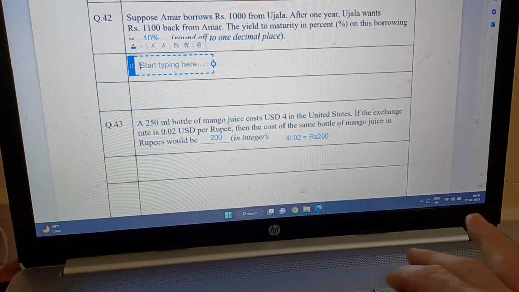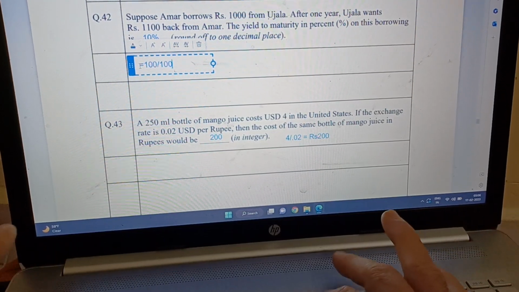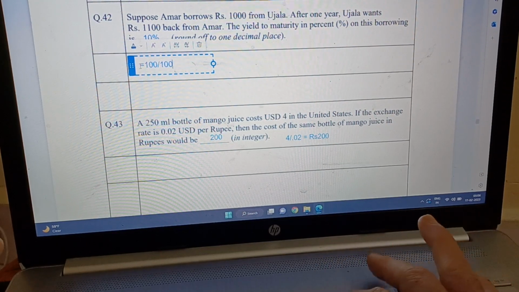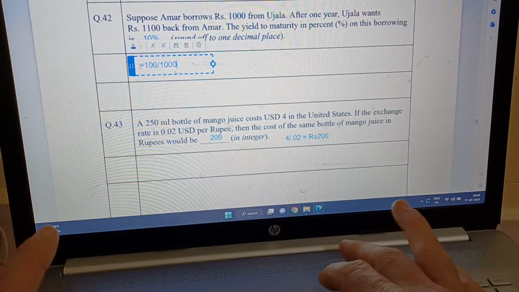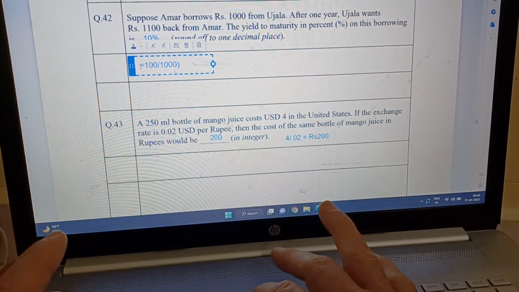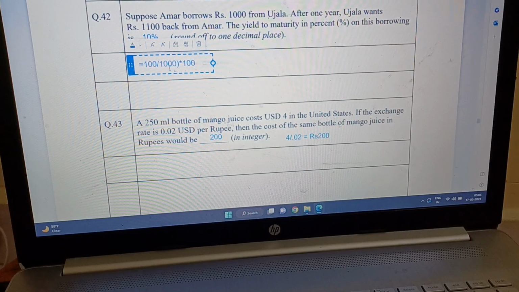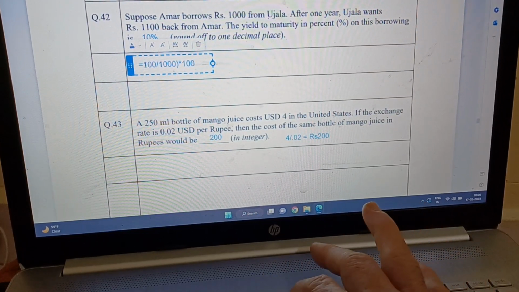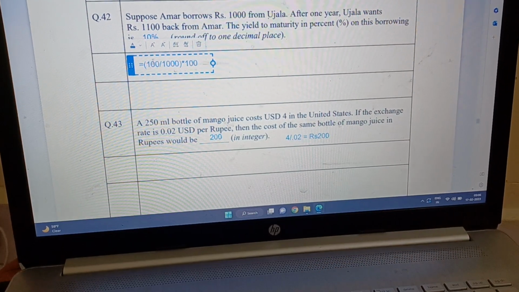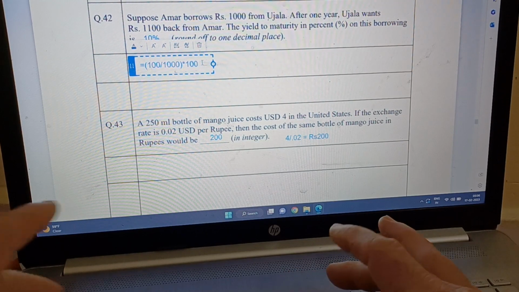So this is equal to 100 divided by 1000 times 100, because we are calculating percentage, no? So this will give us actually 10.